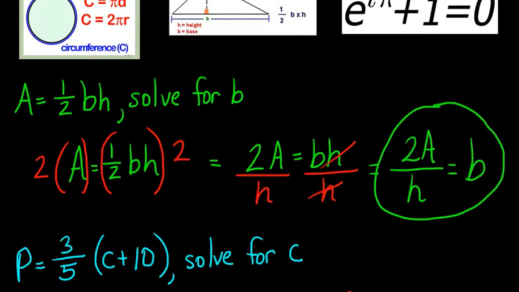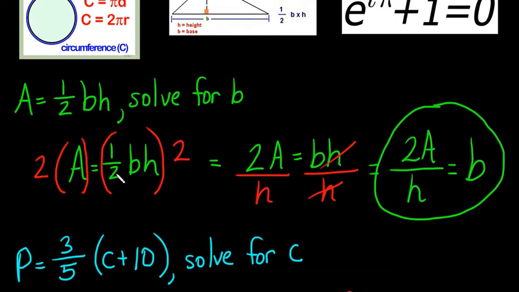So I tried to work some out for you. This is what we're going to be doing in class, by writing the problem in one color and showing you what I'm doing in red. For instance, if we have this area of a triangle formula and you're asked to solve for the base, I'm going to write the formula right here, and I need to get rid of my fraction. So I'm going to multiply both sides by 2.